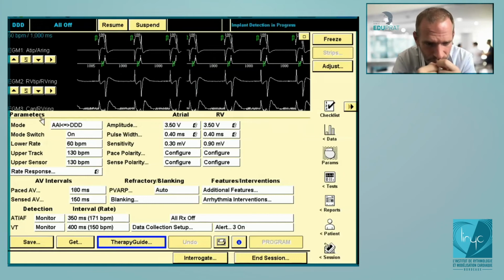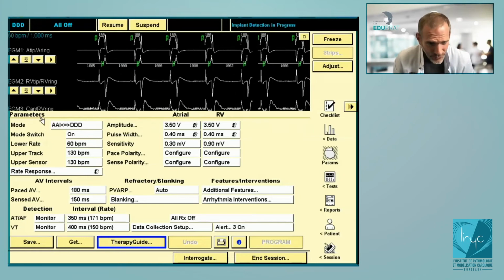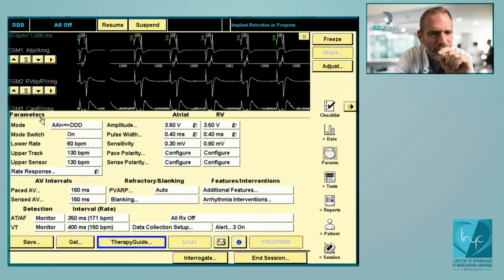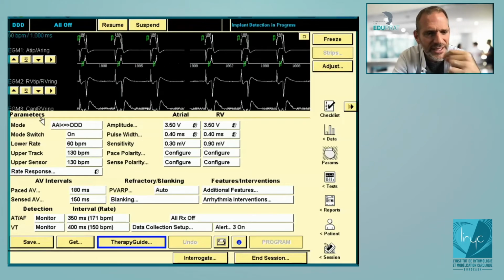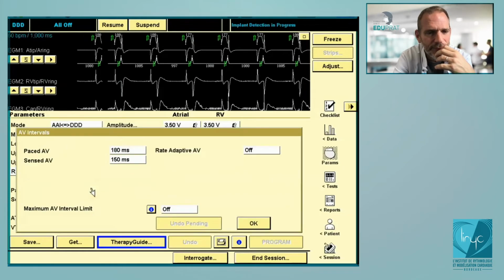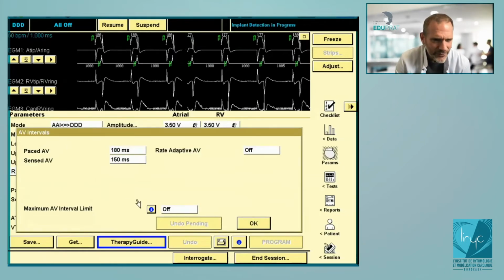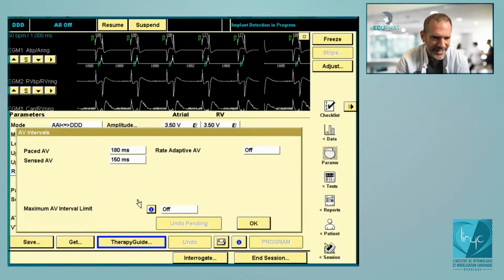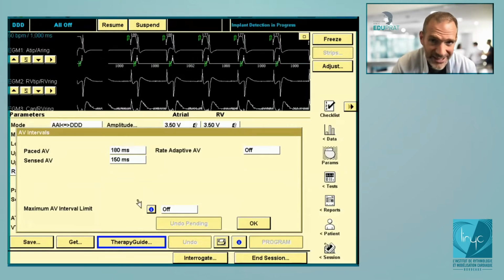There is one thing that you can program, and you need to click on the AV intervals. You see, if you click on paced AV or on sensed AV, then what you will see now is maximum AV interval limit. Nominally, as I explained, it's off.